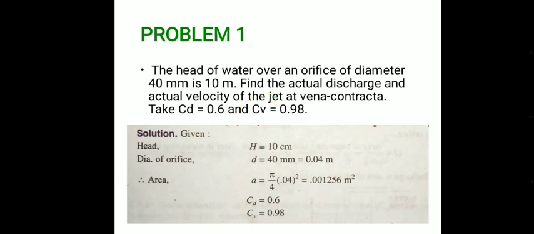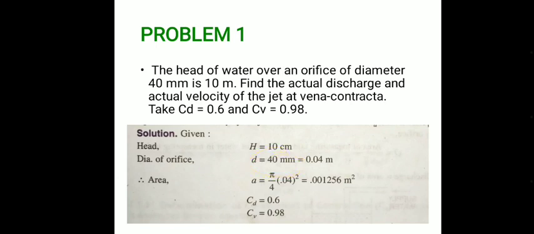First of all, let's mention the given values from the question. The head is given as 10 meters, so h is equal to 10 meters. It's not in centimeters, it is in meters. Then the diameter of the orifice, small d, is equal to 40 mm.